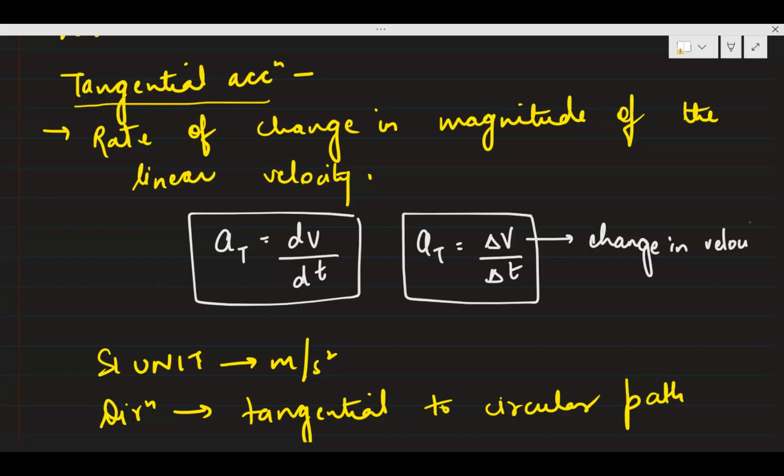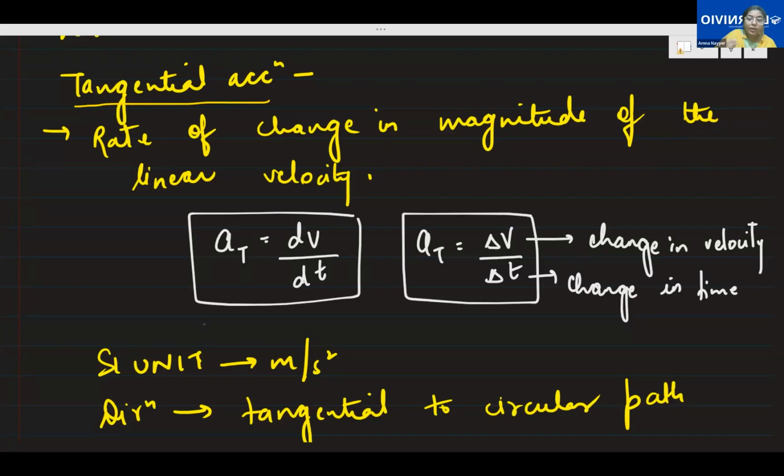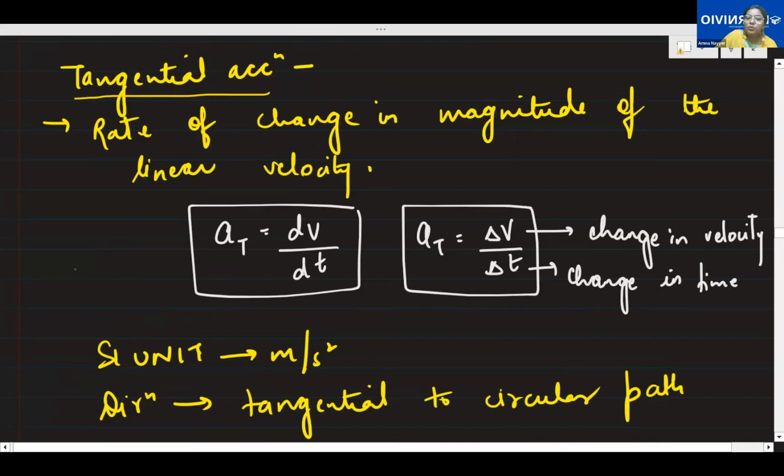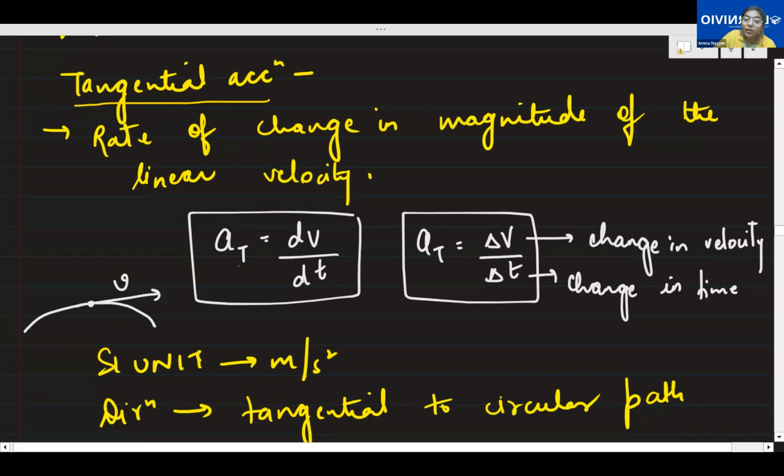Then the SI unit is meter per second square. Why? Because this is arising from the linear component. So since this is arising from the linear component, you will have the meter per second square unit only. You won't use radian because that's not related to your rotation. Then the direction is tangential to the circular path. This is the circular path, this is the velocity, and this is tangential to it. So for the rate of change of magnitude, you can use delta v over delta t also, dv over dt also.